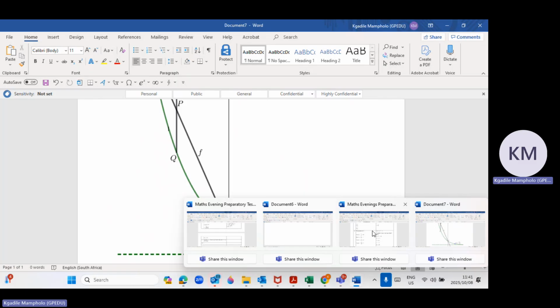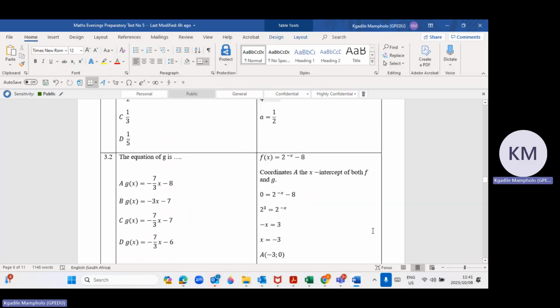Since we determined the equation of F, we can use it to determine the coordinates of the intercepts, hence the gradient of the linear.